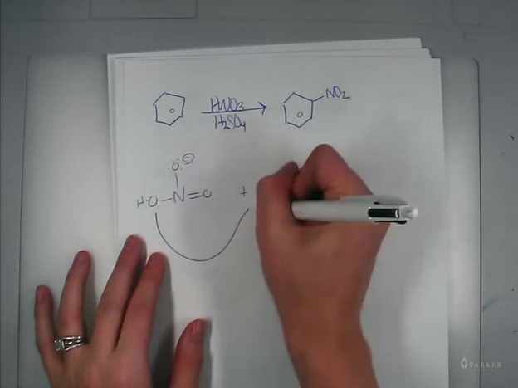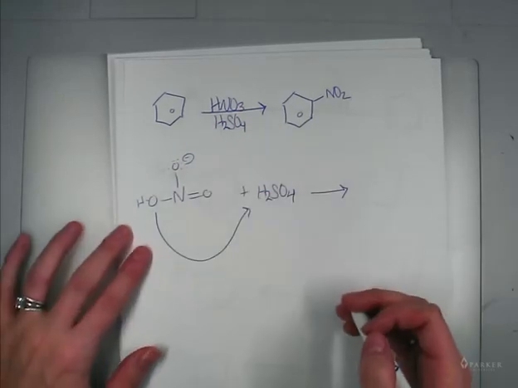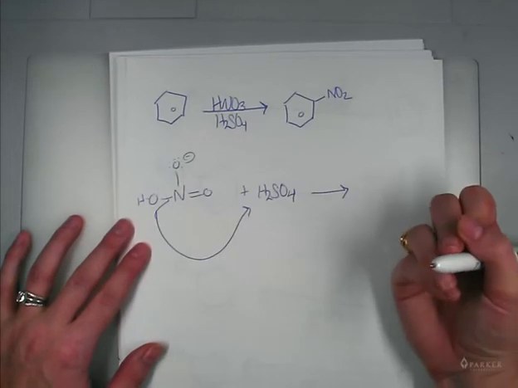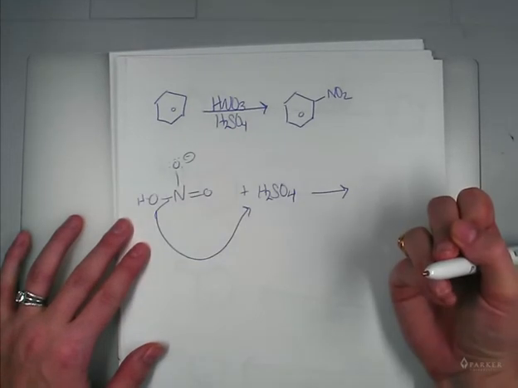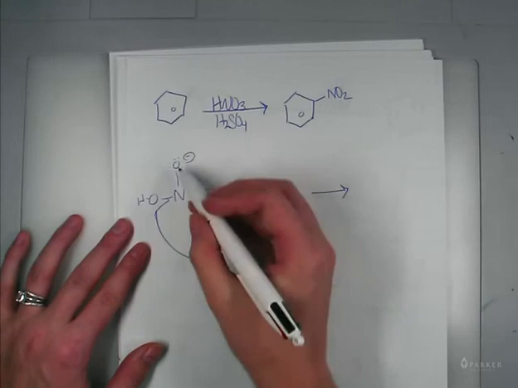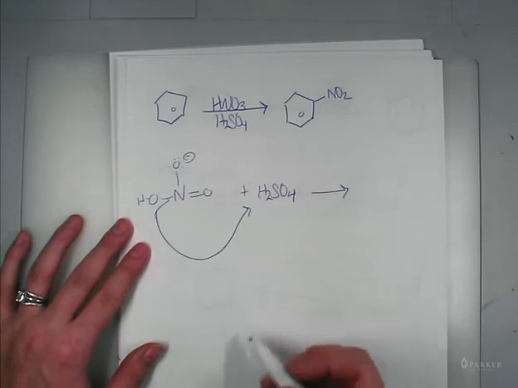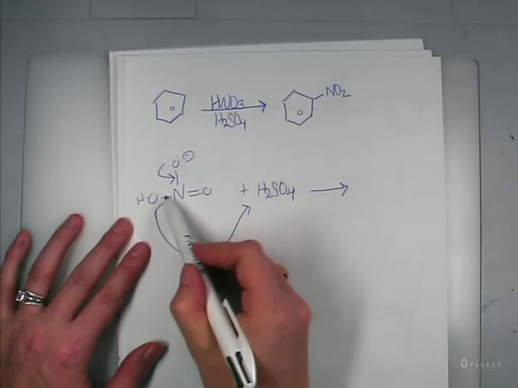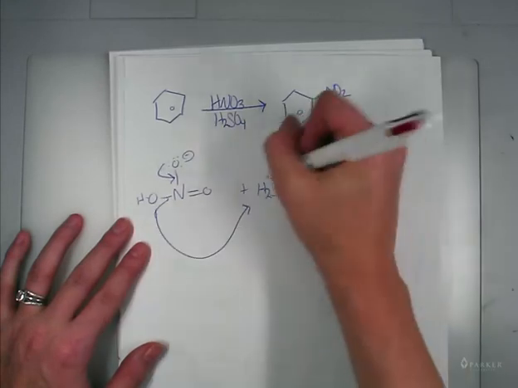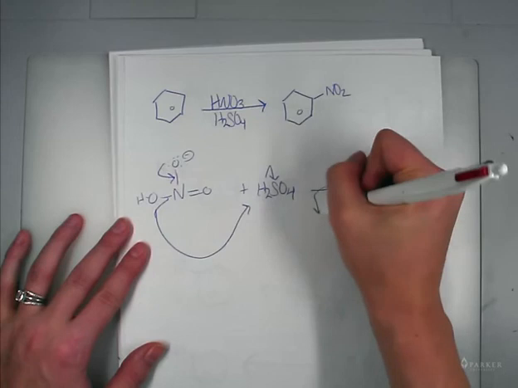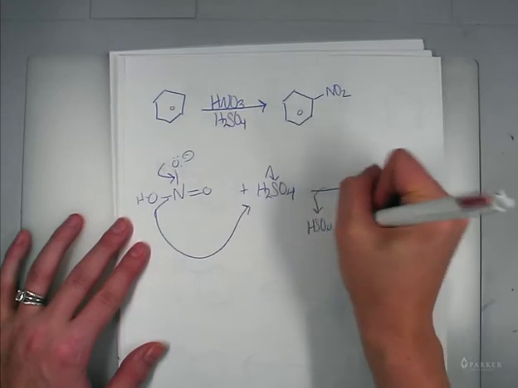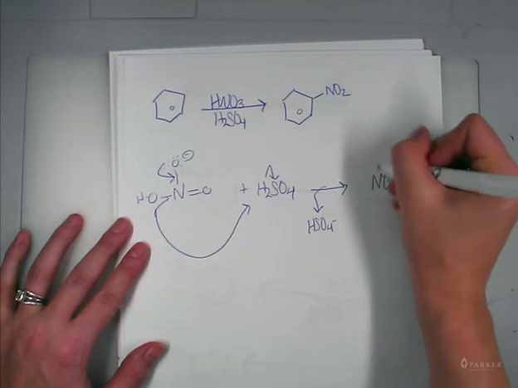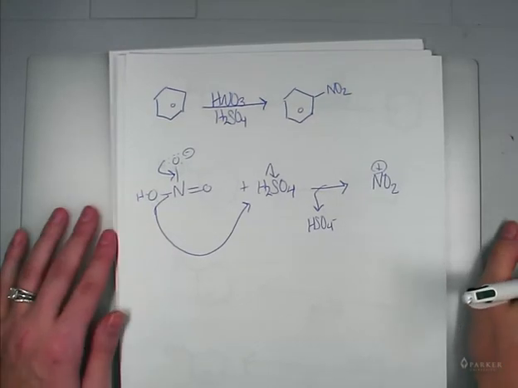The OH will grab an H, and at the same time, it can leave, but what makes it leave? What pulls down? The electrons right here come down, which kick off the OH to grab the hydrogen. So this is HSO4 minus, leaving you with NO2 plus.